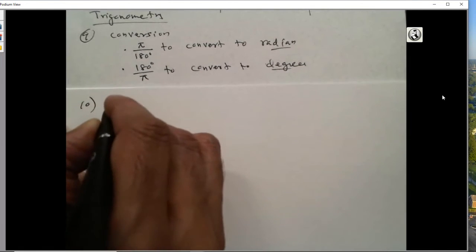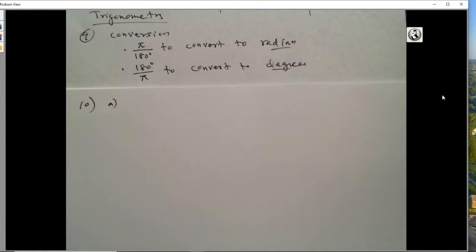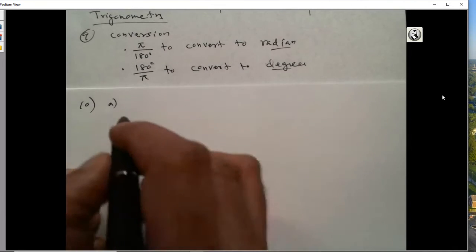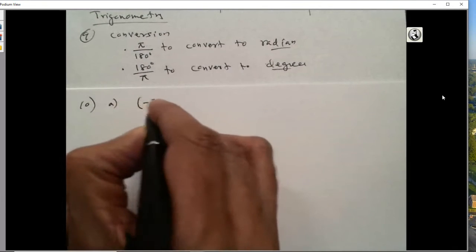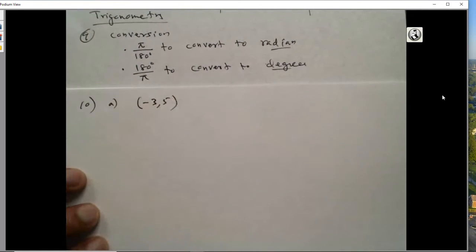Let's do number 10. Number 10 is where I give you a point and then ask you all those 6 ratios. For example, let's say you have (-3, 5). That's someone asked from my morning class, so I'm going to do the same thing for everyone. What do you do? You draw the point. What quadrant? Second quadrant.